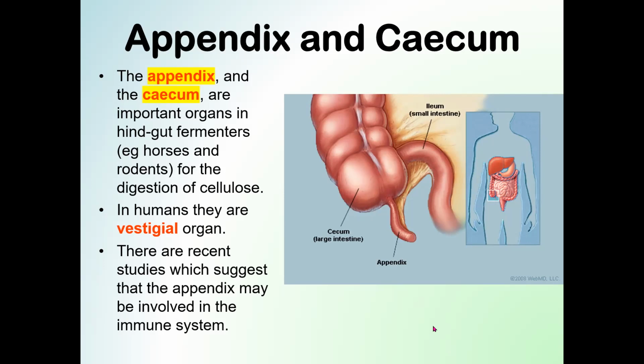I was going to say, oh yes. So the latest thing, I remember hearing somewhere or reading somewhere some time ago, is that they now think that the appendix may have some value to us in our immune system. They don't know what yet, but there seems to be a link because of the types of cells in there.